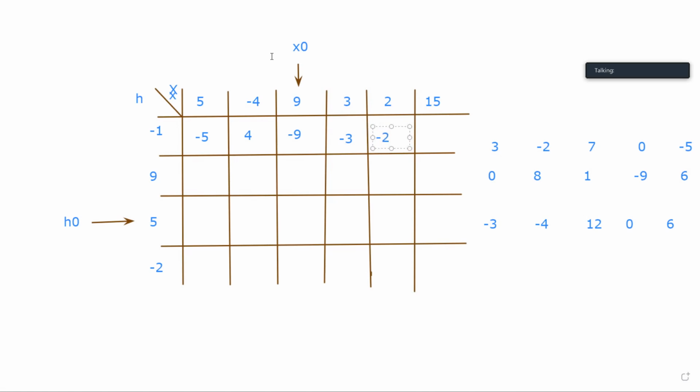And of course, right, only 4 more to go.